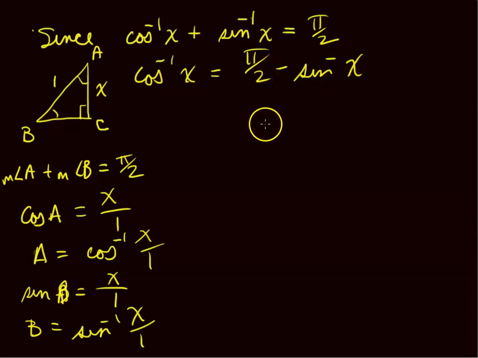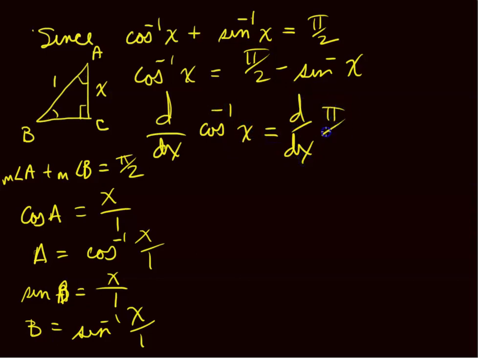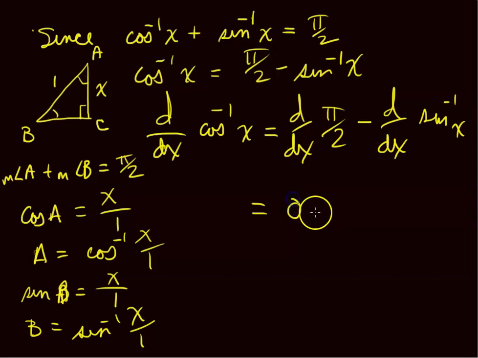Well, hold it. When we take the derivative of that left side, we take the derivative with respect to x of pi over 2 minus the derivative with respect to x of the sine inverse of x. Well, hold it. The derivative of a constant is 0. And the derivative of sine inverse was 1 over the square root of 1 plus x squared.